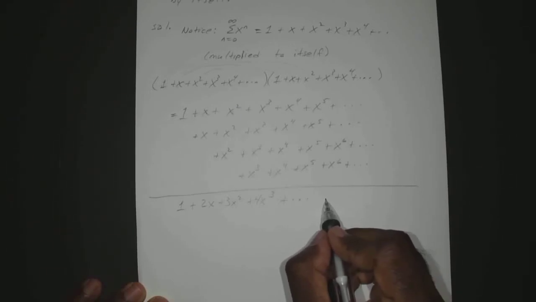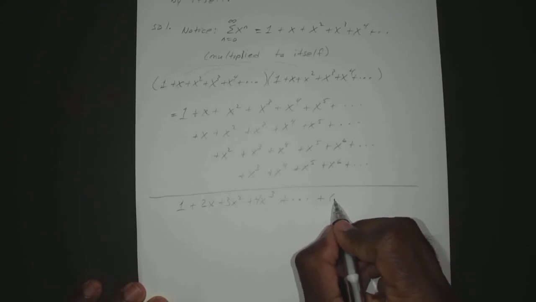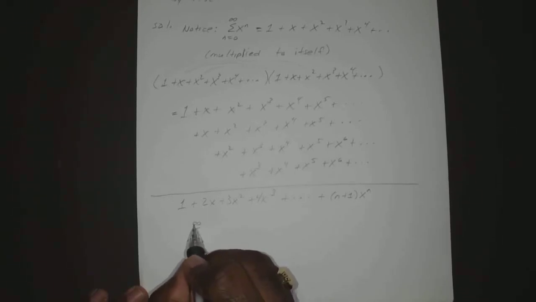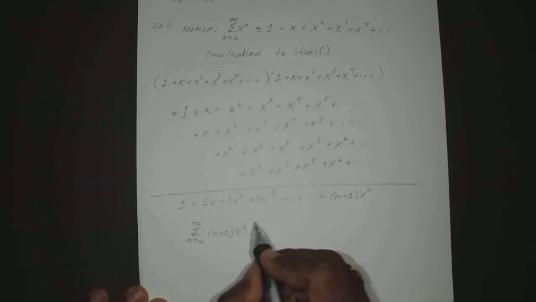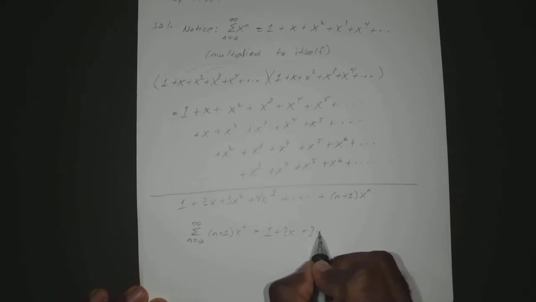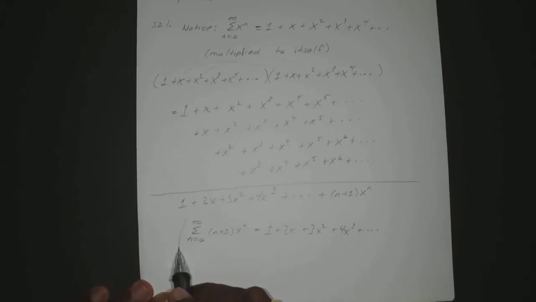So really, if you look at this, you have n plus 1 times x to the n. The sum from n equals 0 to infinity of n plus 1 times x to the nth power is equal to 1 plus 2x plus 3x squared plus 4x to the third, and it keeps on going. And this is your Cauchy product.